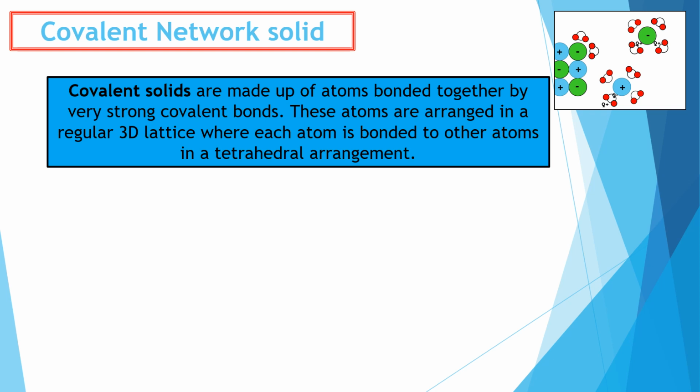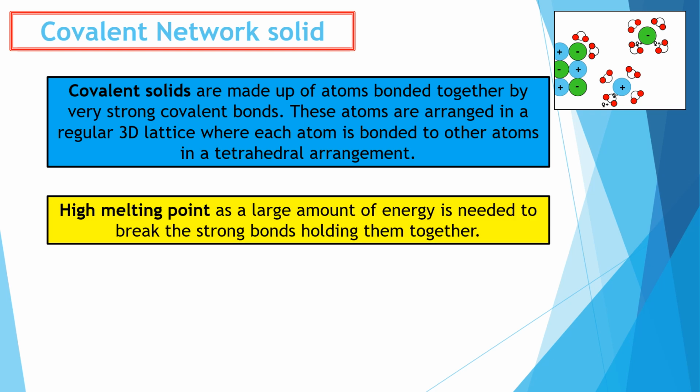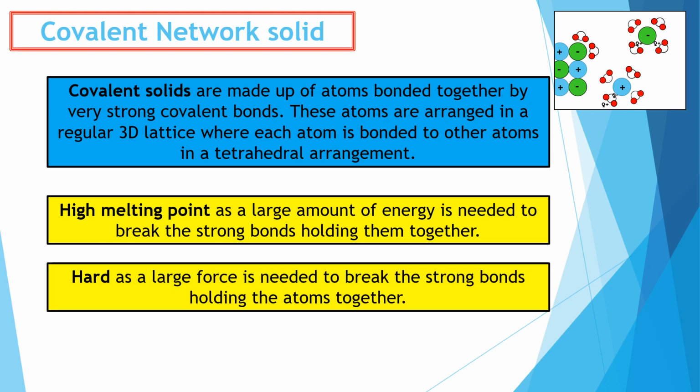Because these solids have very strong covalent bonds, it takes a large amount of energy to break the bonds that hold them together in order to melt them and make them become a liquid. To turn a solid to a liquid, we have to break a significant amount of these bonds, so we need a large amount of energy, because they have very strong covalent bonds.